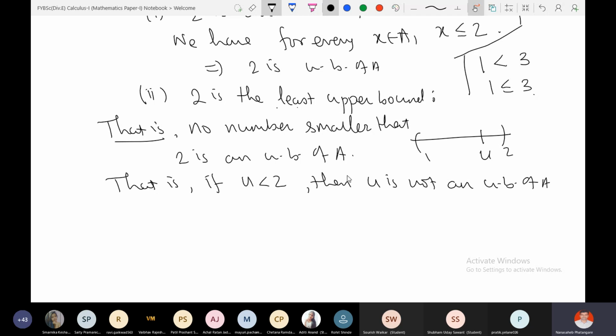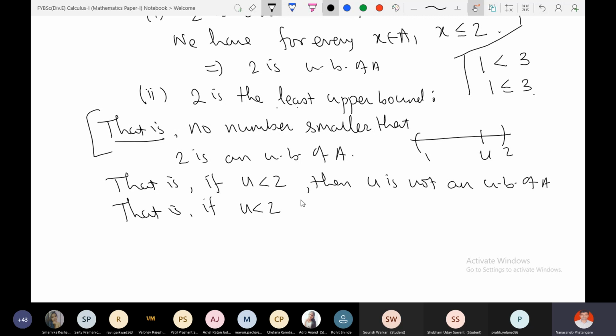I am writing the same statement in different words so that you can understand what we should do. So 2 is the least, that means you cannot go below 2. If you try to go below 2, that number will not remain an upper bound. That is, if U is less than 2.